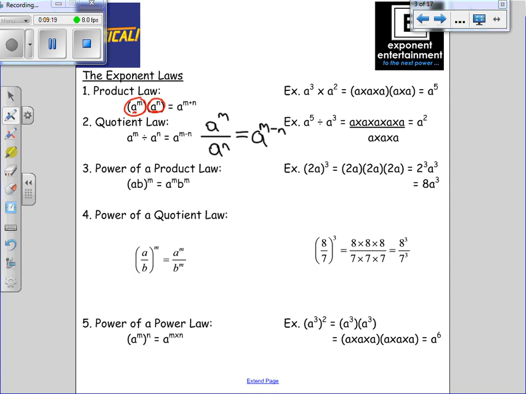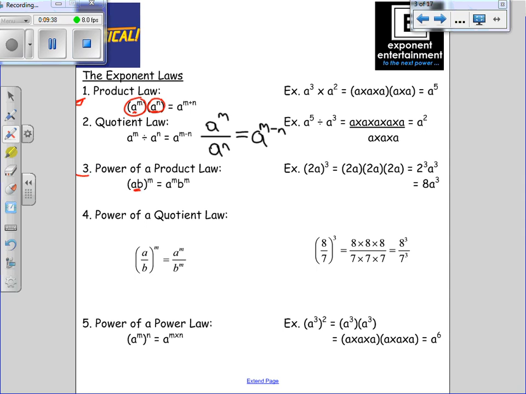The next one, power of a product law. This one gets confused with this one. They're not the same. I can't draw off the sheet apparently. The difference is the 2 things being multiplied are your base.